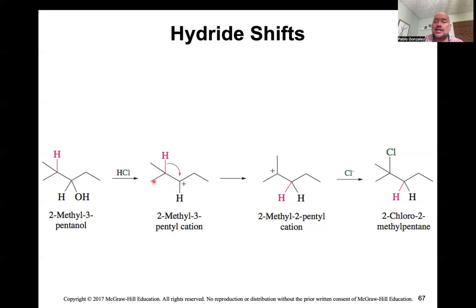So that's why I can't do a methyl shift in this reaction, but I can do a hydride shift in a way to create the more stable carbocation, and then the nucleophile attacks the electrophile again to create my product. Okay, so we can have methyl shift and hydride shift following that rule that it needs to be carbons 1 and 2 together, the neighbor carbon, and also to create a more stable carbocation.